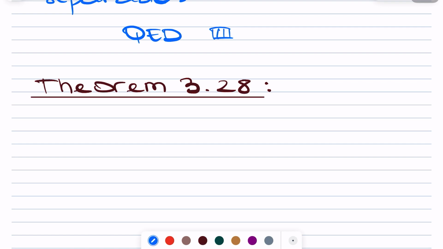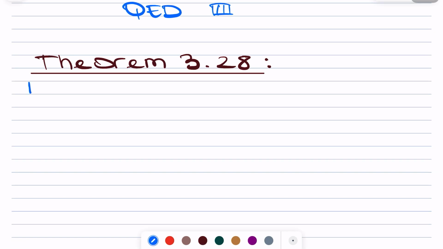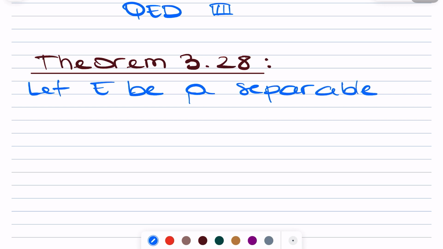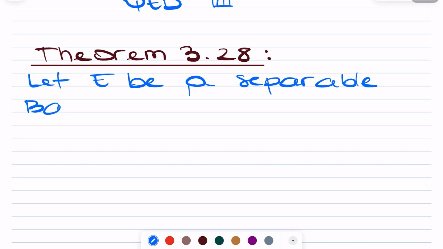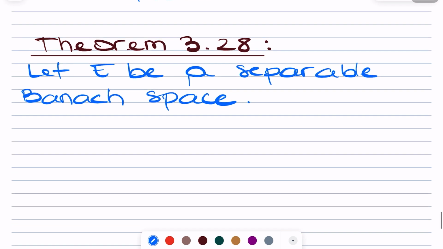Let E be a separable Banach space. Let me highlight separability, it's very important.